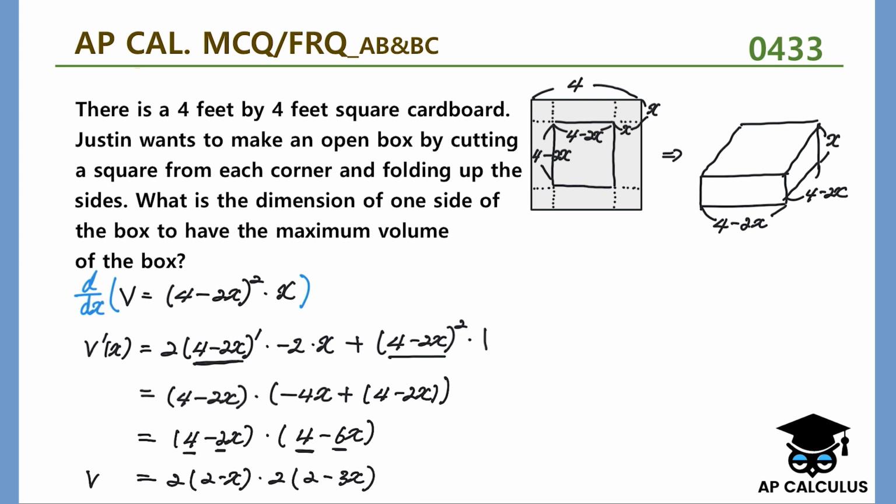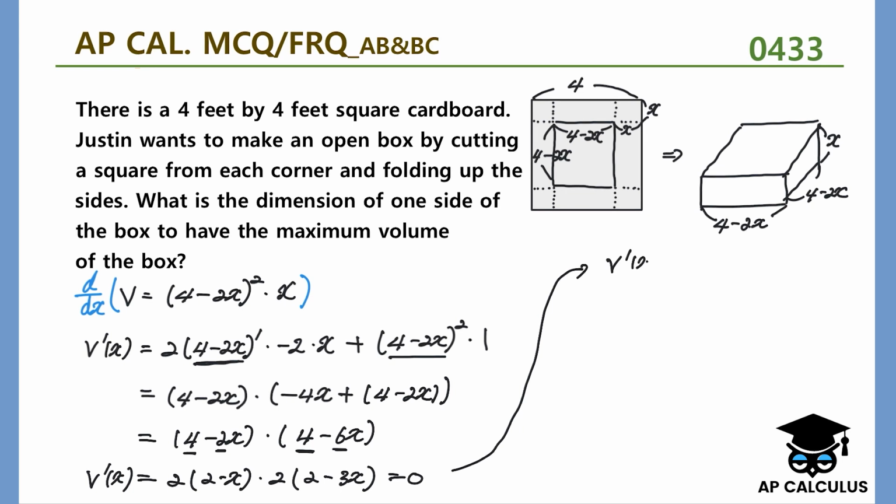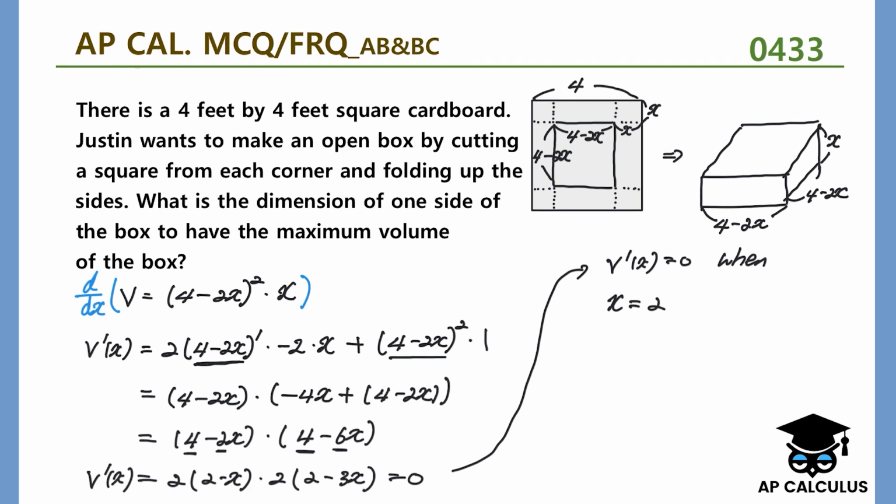So V prime of x is equal to 0. Let's rewrite: V prime of x is equal to 0 when x is equal to 2 from this expression right here, and 2 over 3 from this expression, right? So x is 2, or x is equal to 2 over 3.